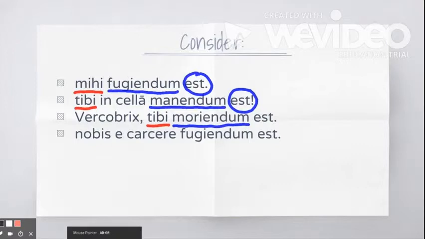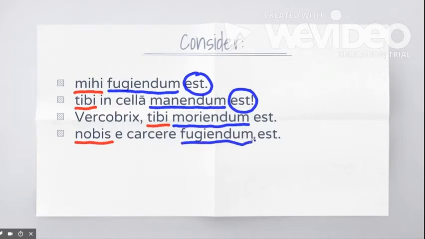And then in our final sentence here, nobis is the dative noun. And then we have the gerundive, which is fugiendum est. So we must flee from the prison. Each of these gerundive of obligation phrases has the idea of must in it.